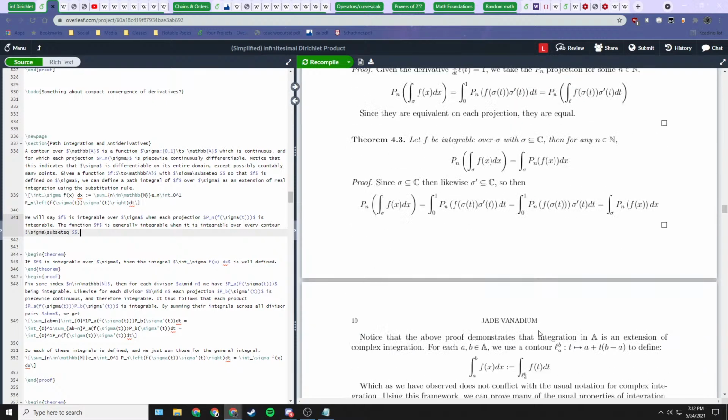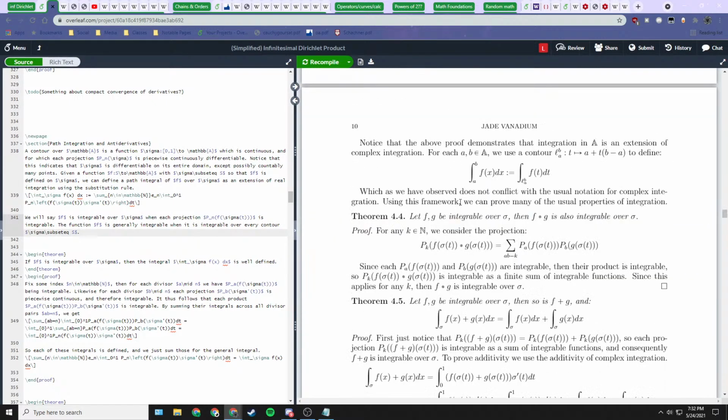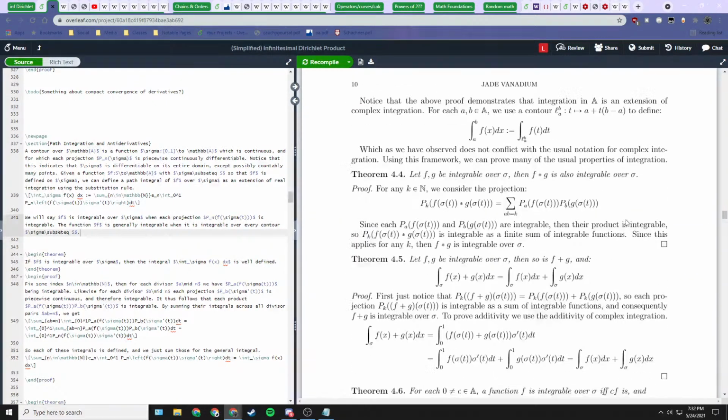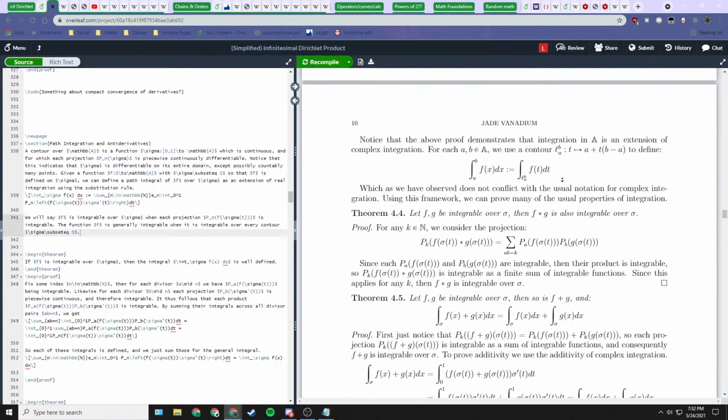Okay, nice. So that's integrability, blah blah blah, integral over sigma, products integrable.